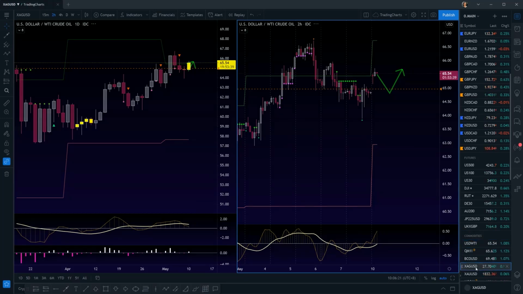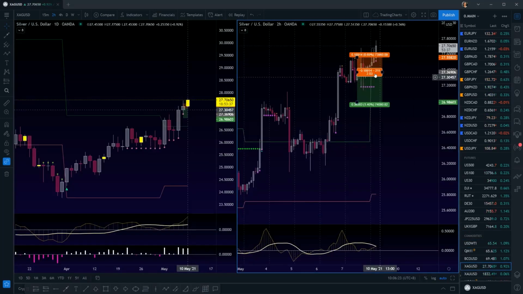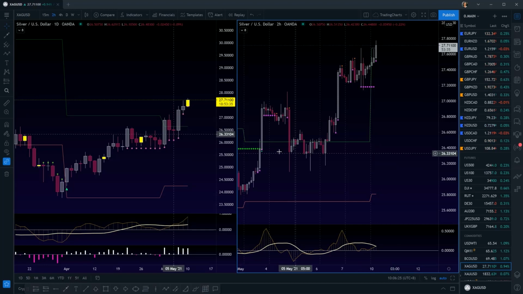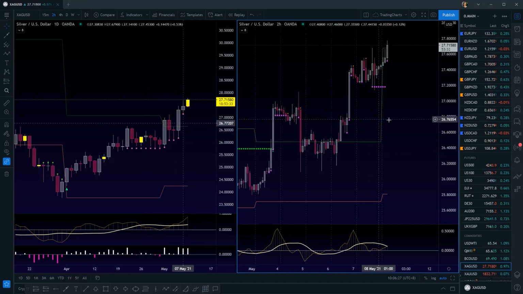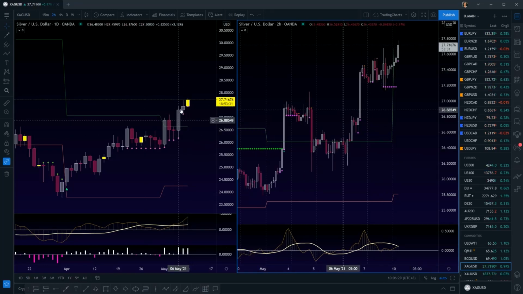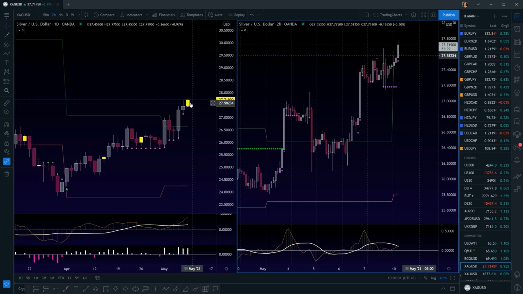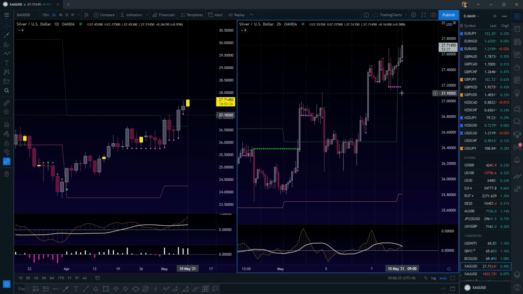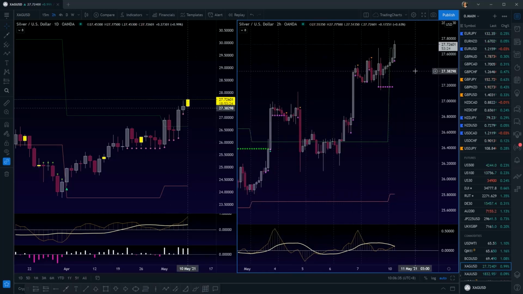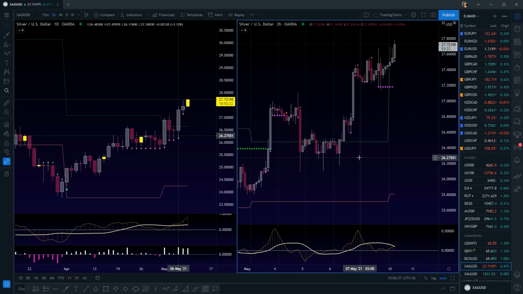Okay, let's take a look at silver. Let's remove this. Broke up. Yeah, the thing is it is diverging.